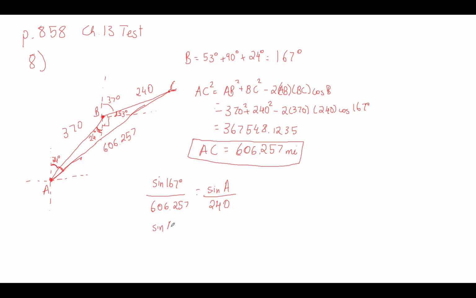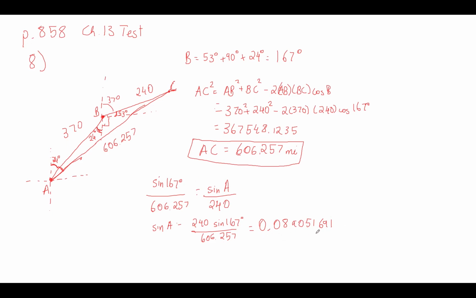So the sine of A is 240 sine 167 divided by 606.257. You get 0.089051691. Again, I'm not rounding in between.